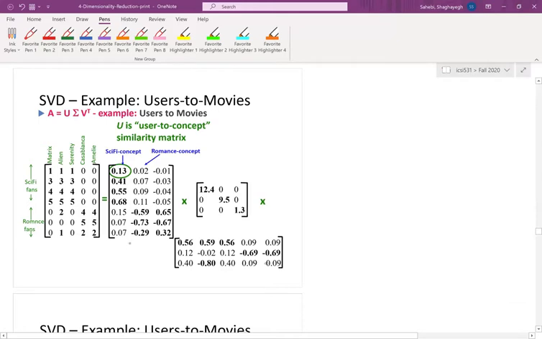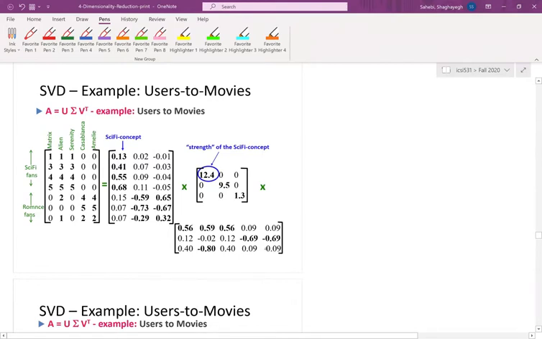So in this matrix U, which has user 1, user 2 until user M, each element shows how much one user is interested in one concept.